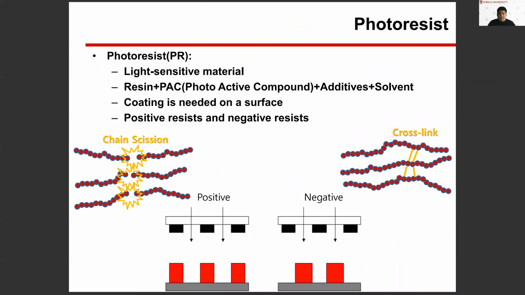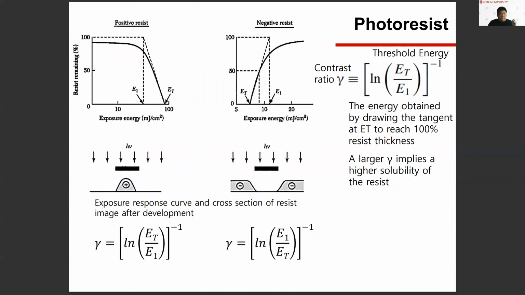Let's move on to the photoresist. As I have told you before, there are two types of photoresist: negative photoresist and positive photoresist. For photoresist, there is a gamma factor, the contrast ratio between the exposed and unexposed areas.